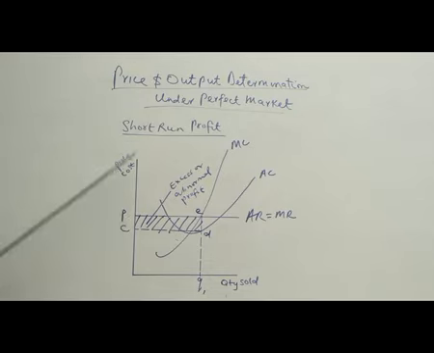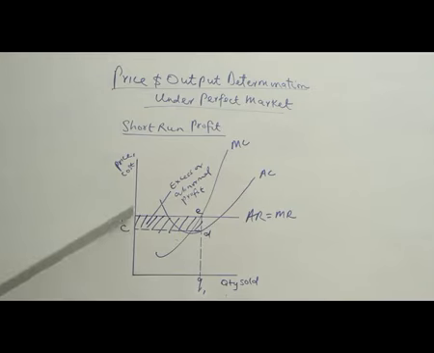Looking at the axes, price, quantity sold. Point P here refers to the price of the commodity. Horizontally, we can see average revenue and marginal revenue to be equal. We have studied that under perfect market, average revenue and marginal revenue are always equal, as well as price being equal to the two concepts.